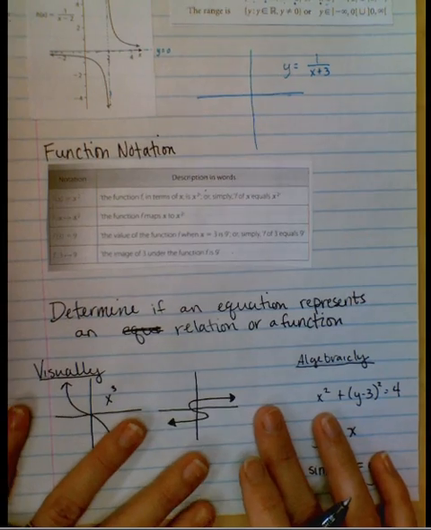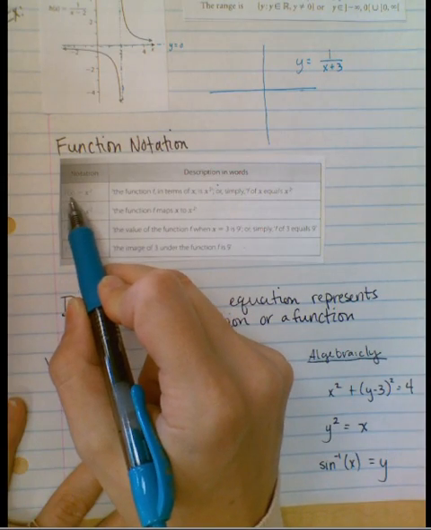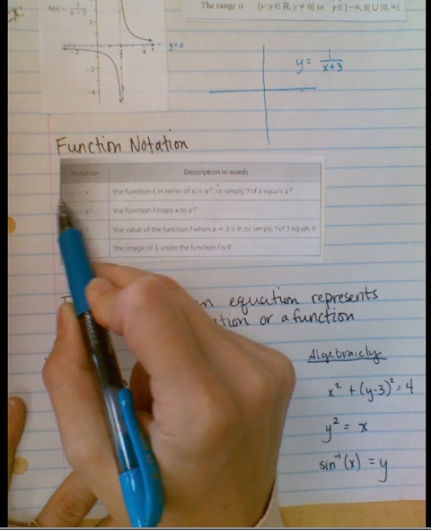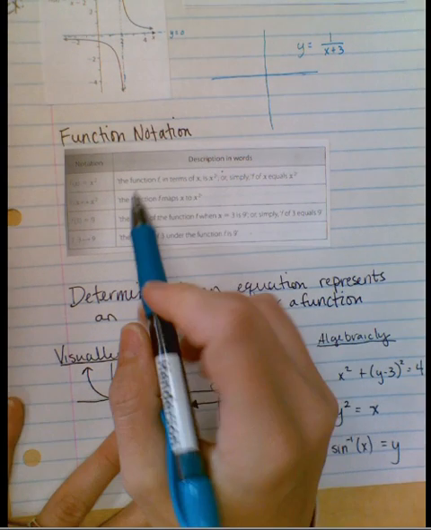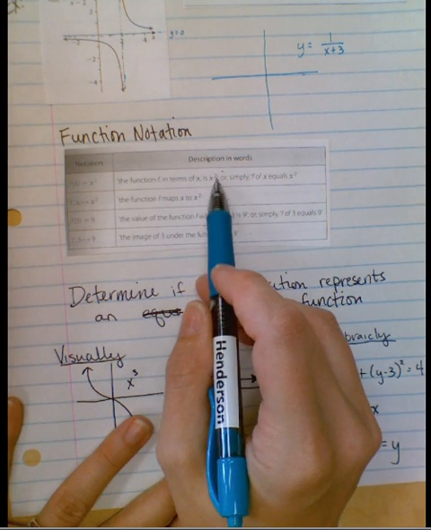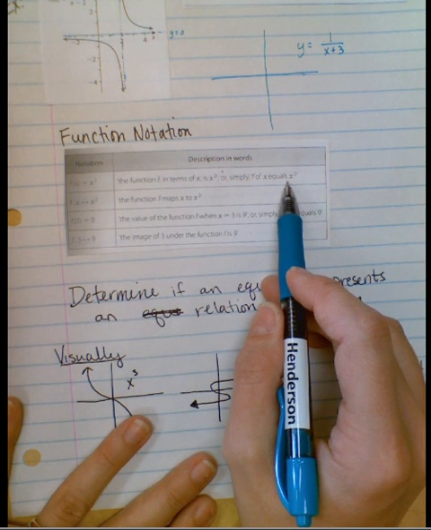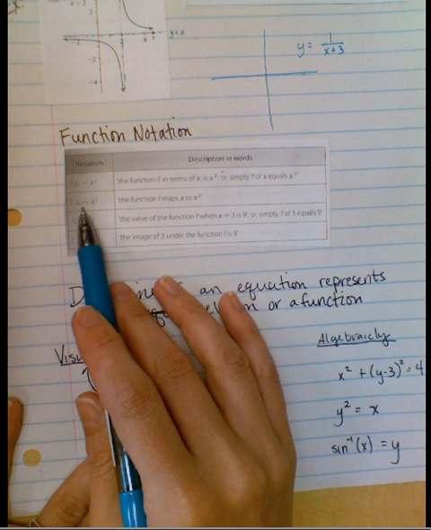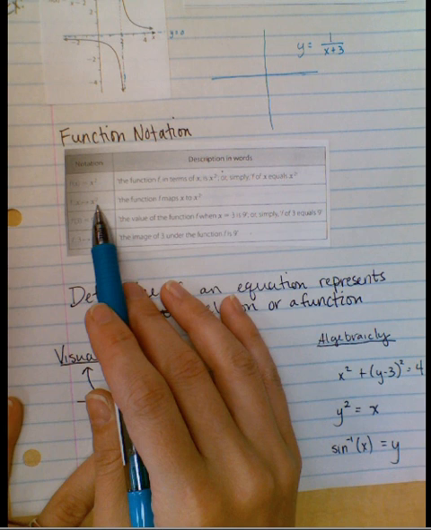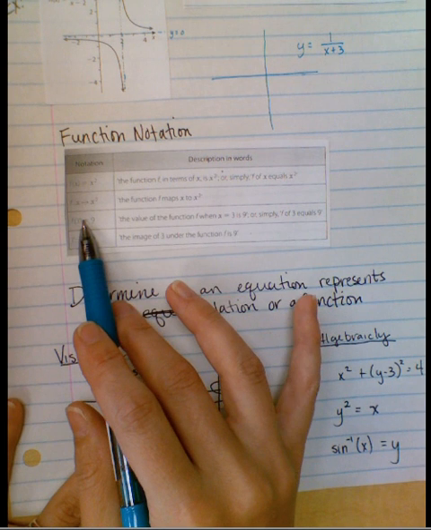Okay. Here we're looking at function notation. So we have f of x equals x squared. So the function f in terms of x is x squared. F of x equals x squared. Okay. F of x maps to x squared. So it's also a different way of talking about f of x, the function in terms of x.